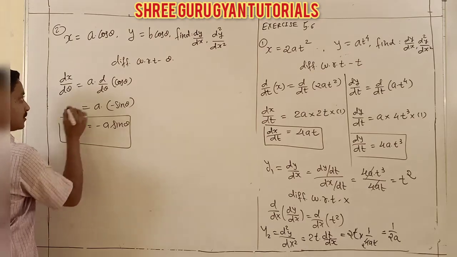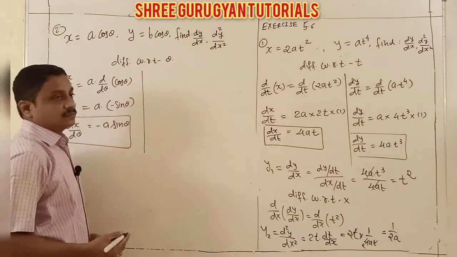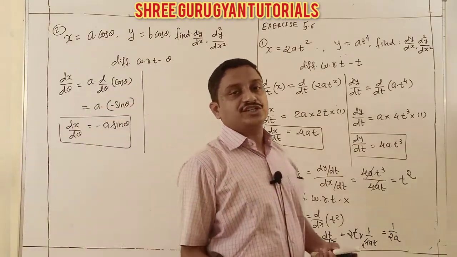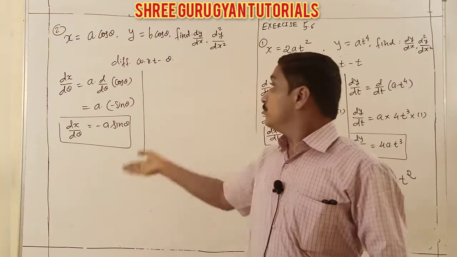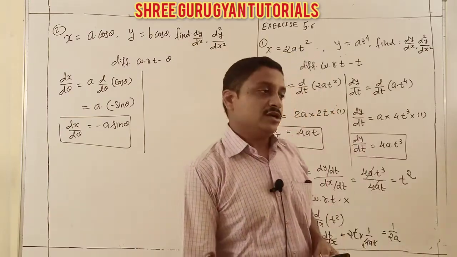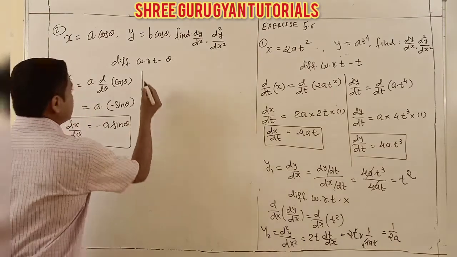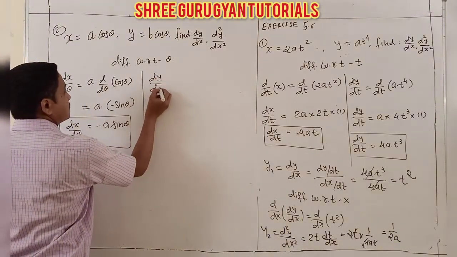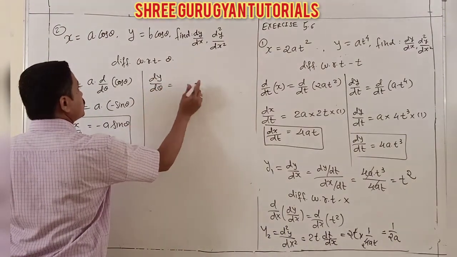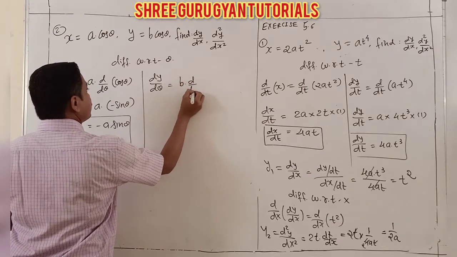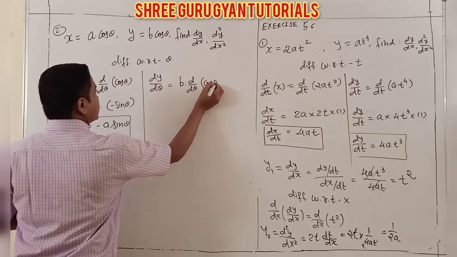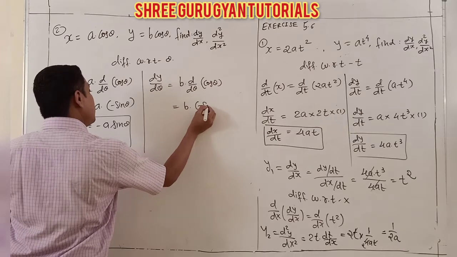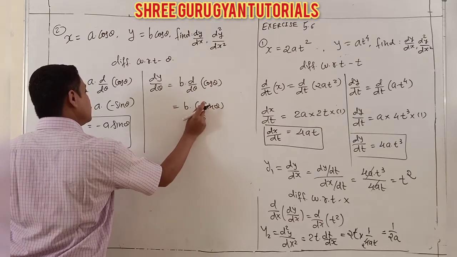dx by d theta is done. Now start the second function, y function, which is b cos theta. Derivative same with respect to theta. So dy by d theta. Here b is constant, so take it outside, d by d theta of cos theta. It is same, minus sin theta.